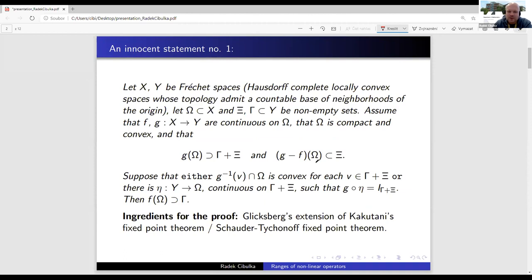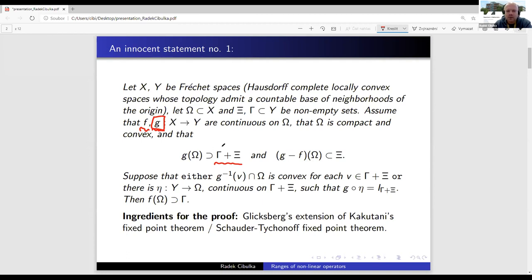So assume that you have two mappings. So I have some F and G, and I am able to say something about the mapping G or solvability of the nonlinear equation corresponding to G. So, for example, I have some sets in Y, and for each y inside this set, I can find a solution inside omega.